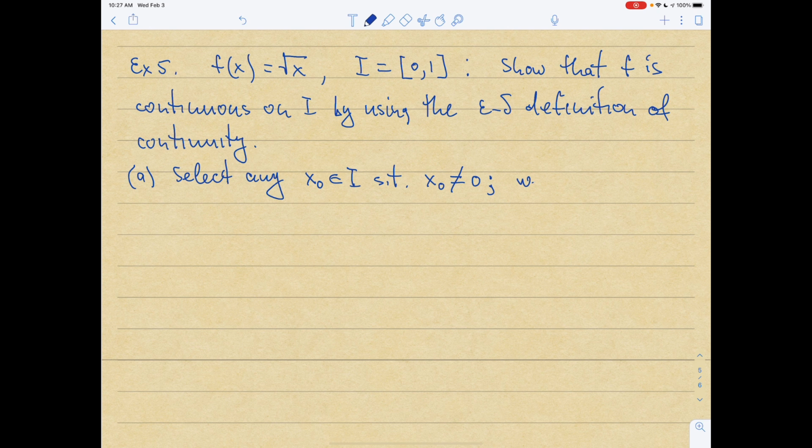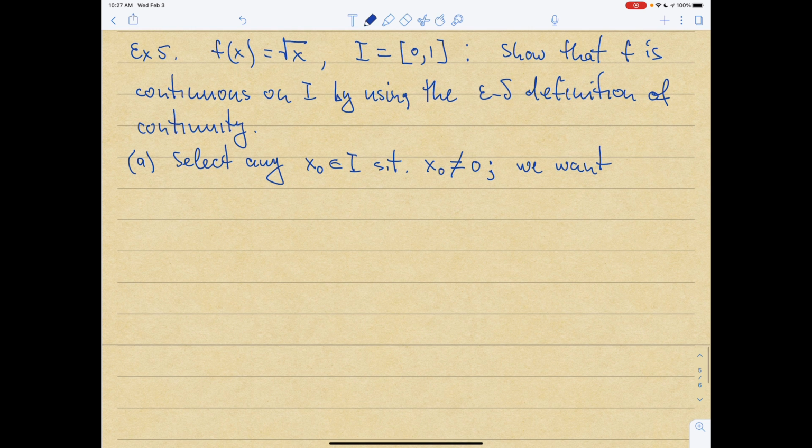So as usual, we want f of x minus f of x0 to be less than epsilon. And so let's analyze what f of x minus f of x0 is going to be.